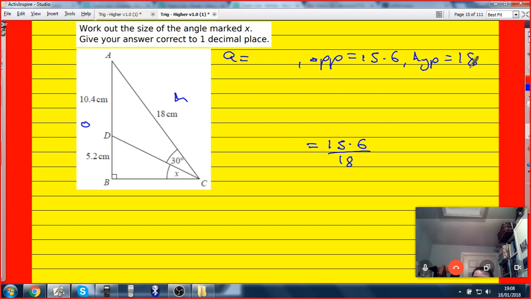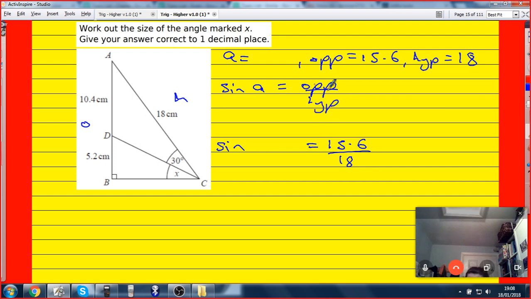So sine, yeah, but we want to find the angle. So then you would put -1. Our formula is sine A equals opposite over hypotenuse.